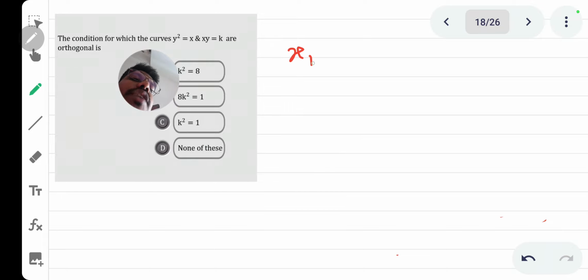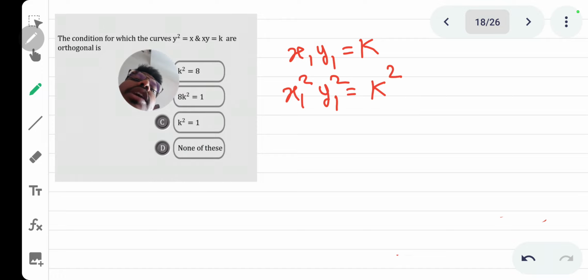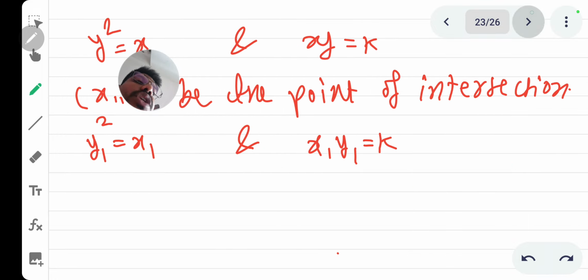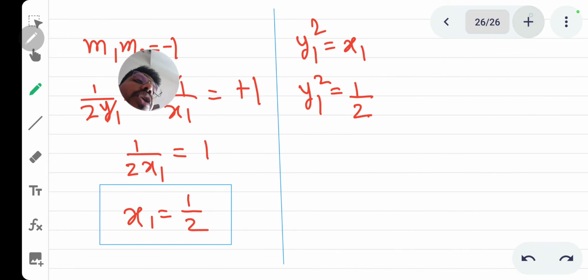Now the second curve satisfaction would be x1 y1 equal to k, right? Let us square both sides. Once I square both sides, I will get x1 squared y1 squared equal to k squared, k being a constant. x1 was half, so half squared. y1 squared was also half, because y1 squared equals x1.